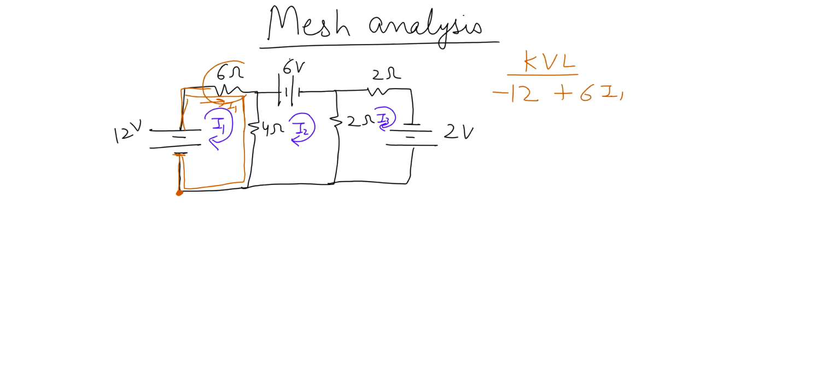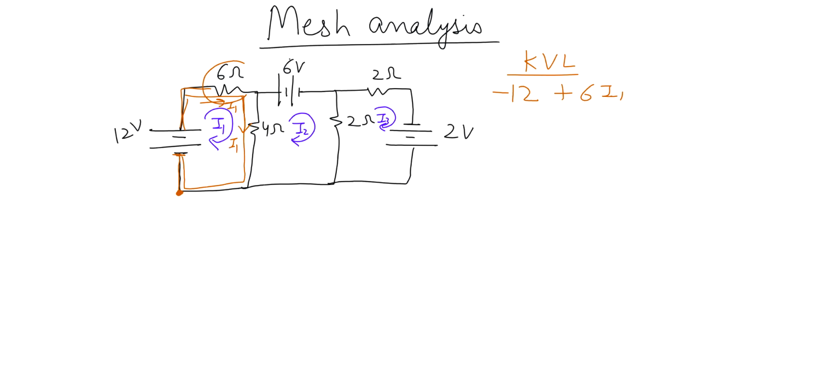The current flowing in the 4 ohm resistor is I1 going downward. But the 4 ohm resistor is shared by two loops, loop 1 and loop 2. So that means there is some current flowing in the 4 ohm resistor due to loop 2. So what is the current in loop 2?